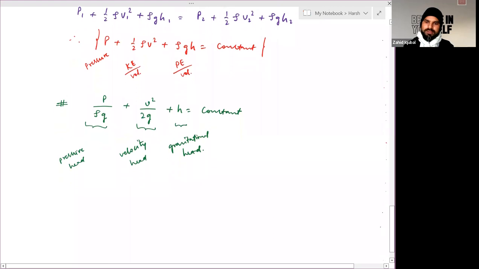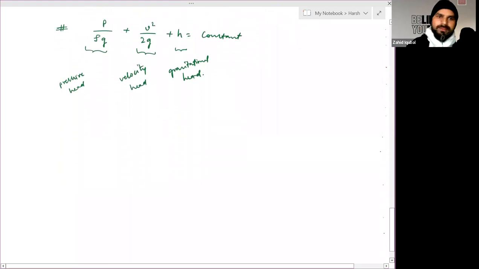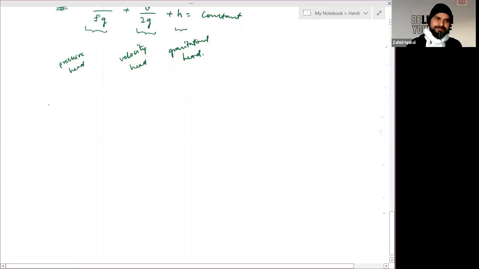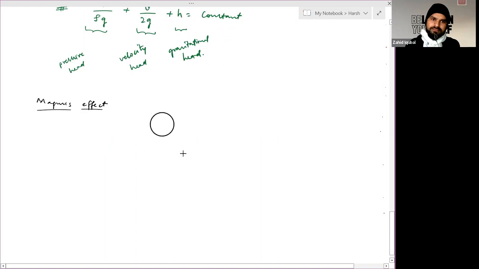Now, related to Bernoulli's principle, let me define its various applications. First is the Magnus effect. Suppose you have a spherical object.